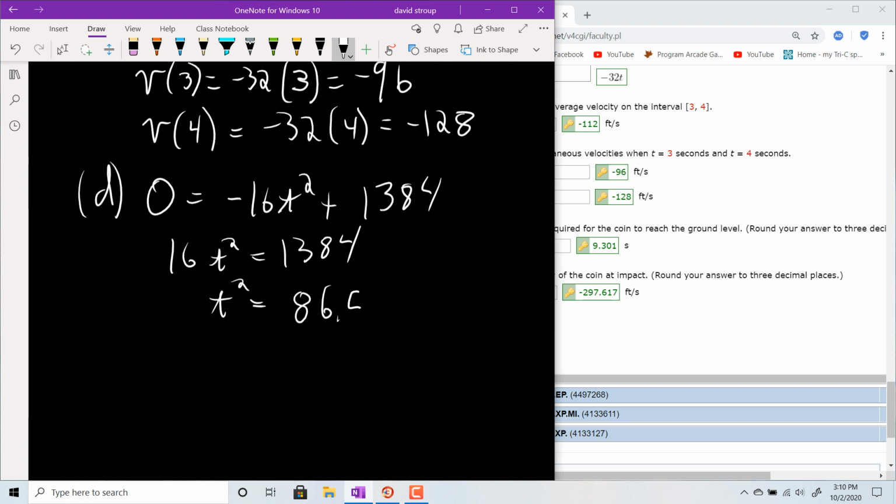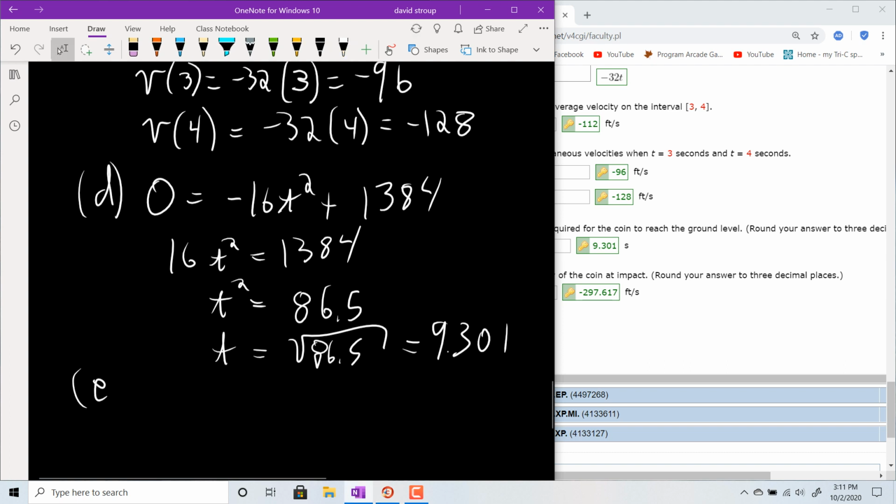And then take the square root on both sides. They want 3 decimals. So the square root of 86.5 is 9.301 seconds, basically.